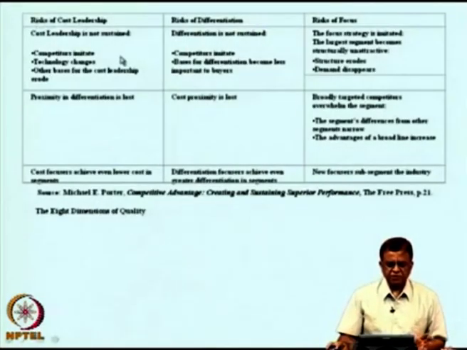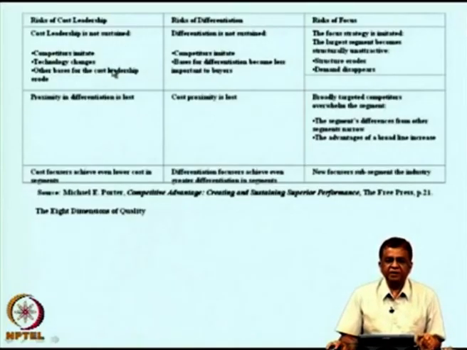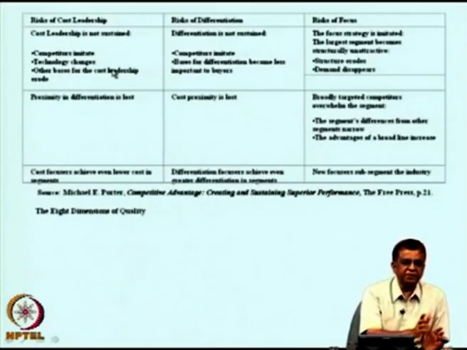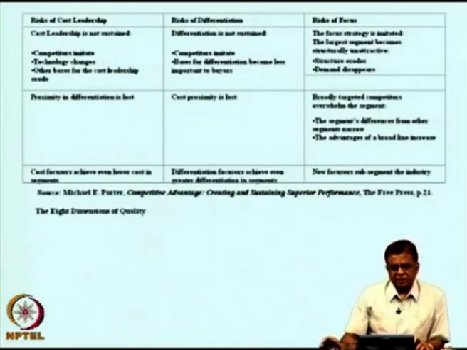What is the risk of cost leadership? Cost leadership is not sustained. When is it not sustained? When competitors imitate. This is what I have been trying to impress upon you in the earlier classes also.